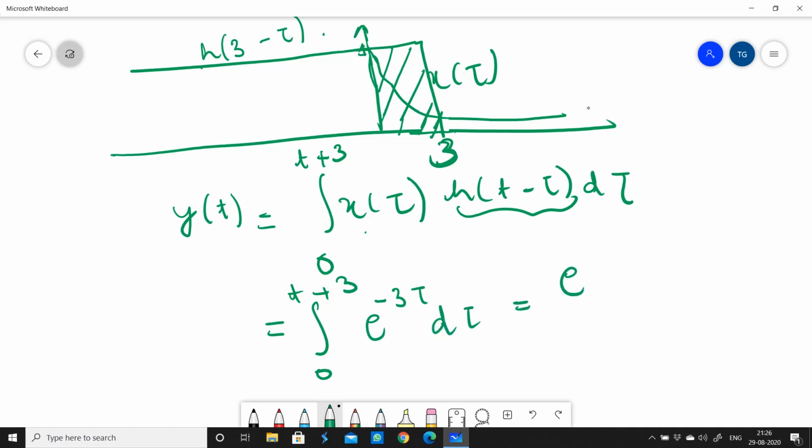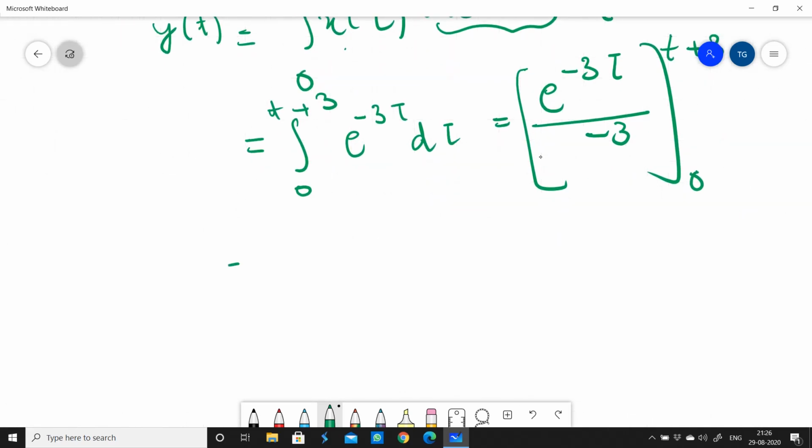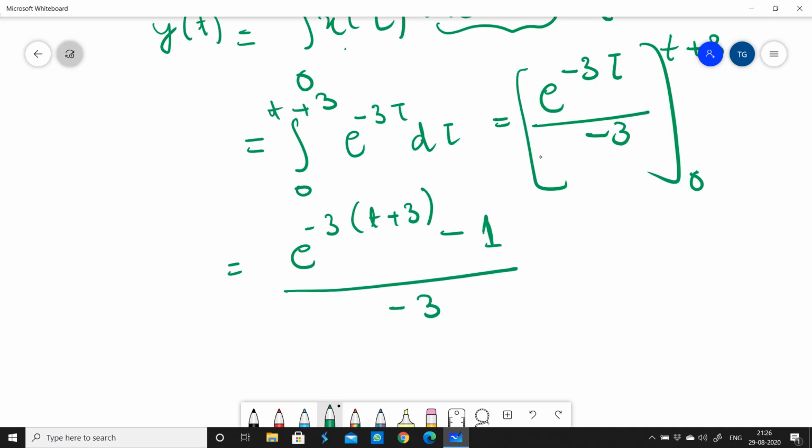So this is equal to e to the power minus 3 tau by minus 3 from 0 to t plus 3. Now substituting these limits, we get e to the power minus 3 (t plus 3) minus 1 by minus 3. So this can be written as 1 minus e to the power minus 3 (t plus 3) upon 3.